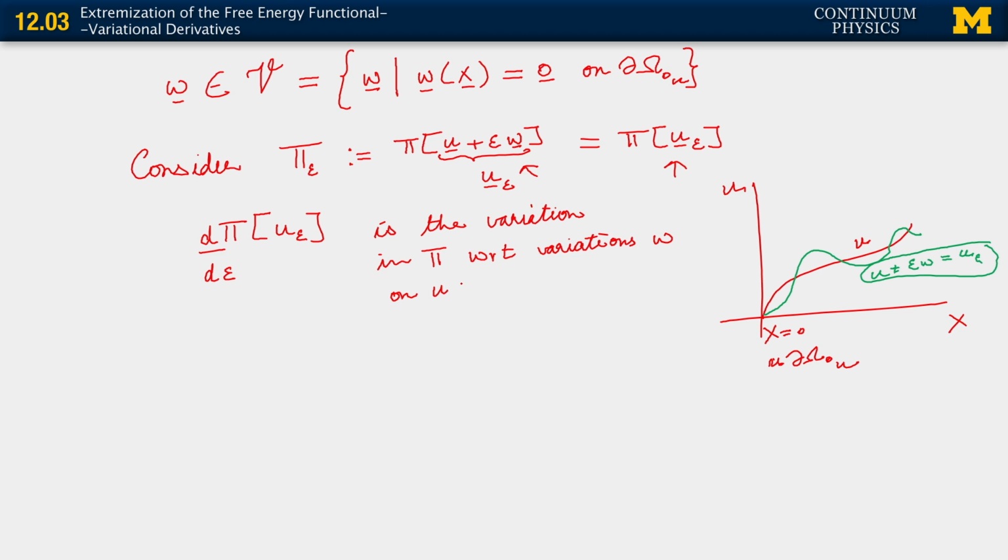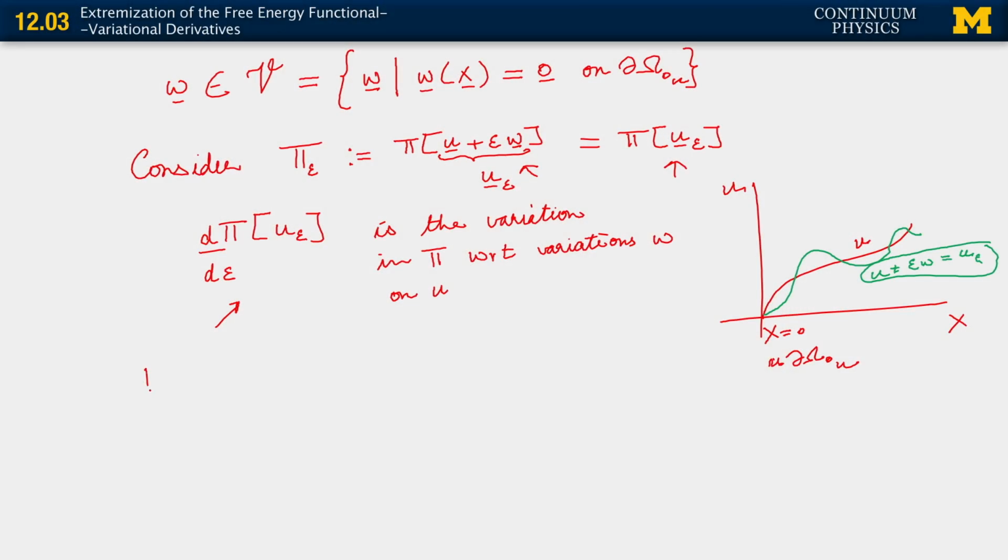W is a variation on u, right? We're controlling how much of that variation we are putting by specifying epsilon, or by introducing epsilon. Okay, then by looking at this derivative, we are effectively checking how is pi varying with u.